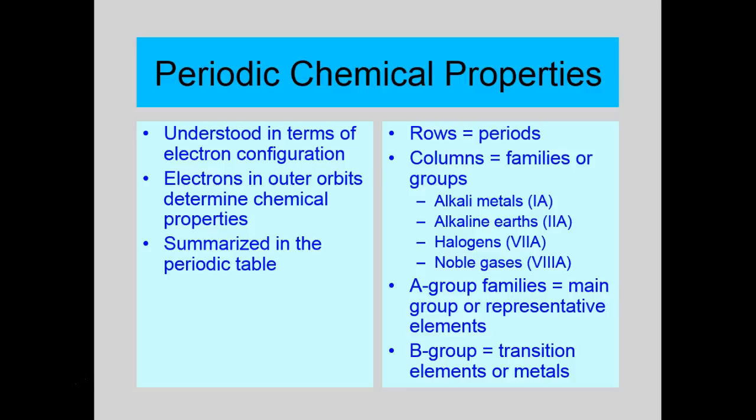Why? Because n equals 1, the principal quantum number, only has one subshell, the s subshell. The s subshell only holds one pair of electrons. Hydrogen gets the first, helium gets 2. Okay? They filled the shell, so helium doesn't react with anything. It's got a full shell.